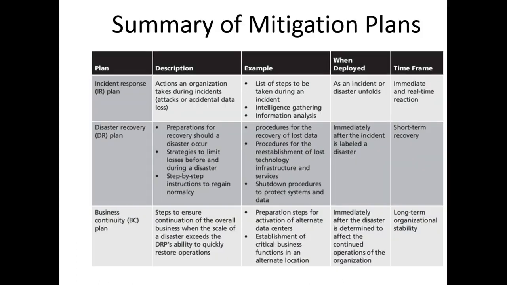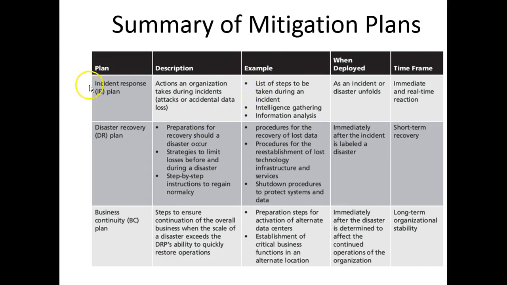This table here summarizes the 3 types of mitigation plan that we talked about. So we have disaster recovery, incident response, and business continuity. You have a description of each of them, what they are, and an example of each.